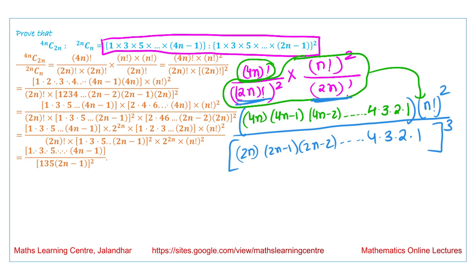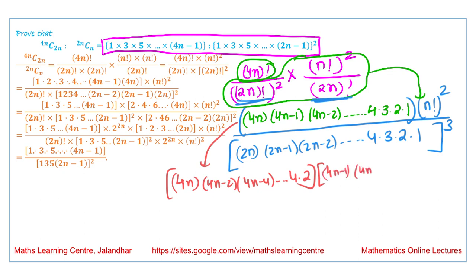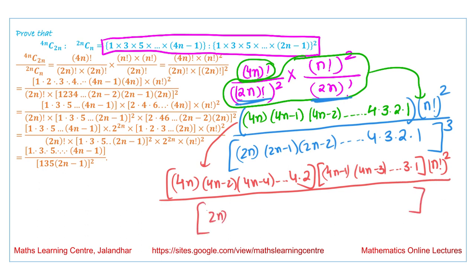Now if we separate the even and odd terms in the numerator and denominator, from the numerator we can write 4n into (4n − 2) into (4n − 4), so on up to 4 into 2, into (4n − 1) into (4n − 3), so on up to 3 into 1, into (n!)², divided by, in the denominator, the terms 2n into (2n − 2), so on up to 4 into 2, then (2n − 1) into (2n − 3), so on up to 3 into 1, and it is whole cube.